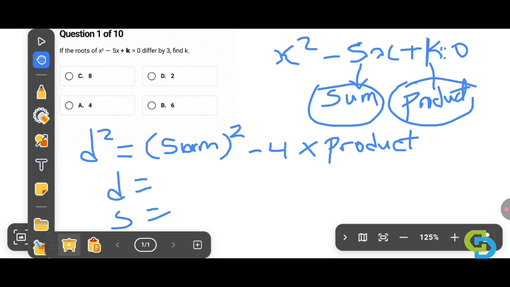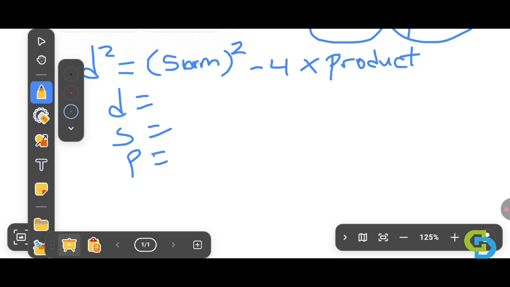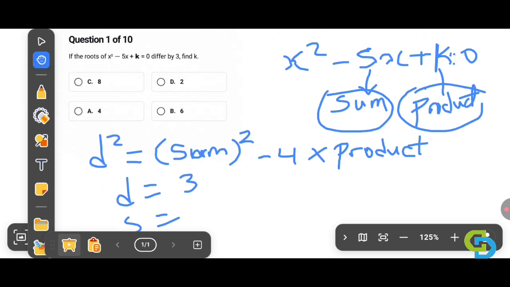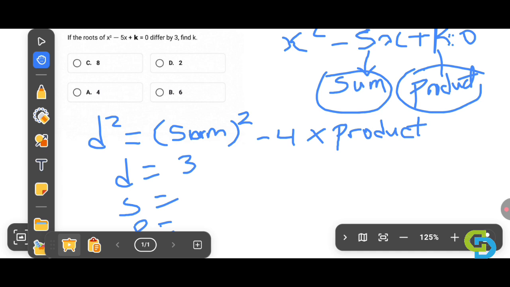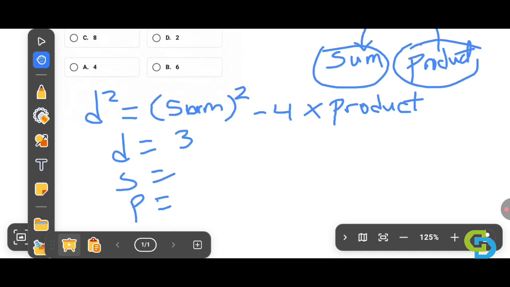So the d now is 3, because it differs by 3. Now what would be the sum, the s? Remember, the sum is this middle value here, and the last value there is the product. Looking at this, the sum is 5.